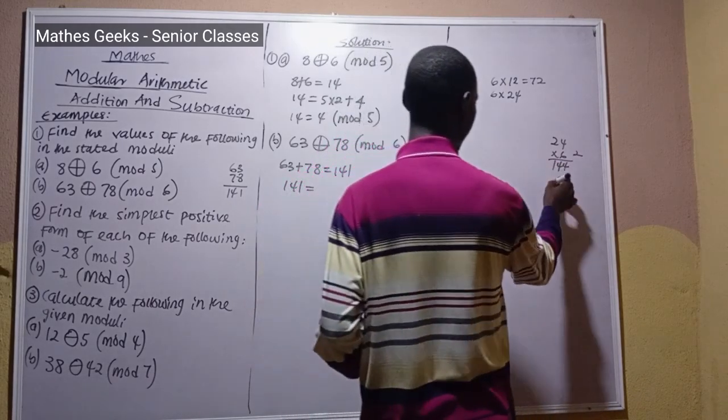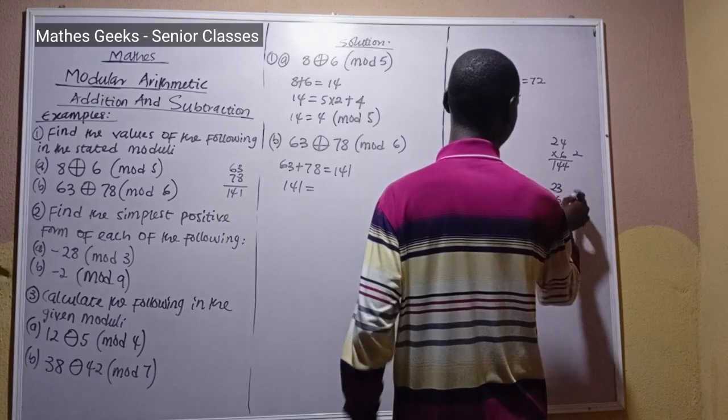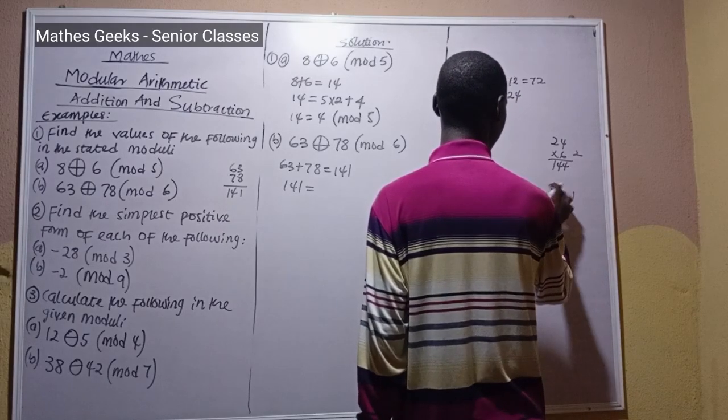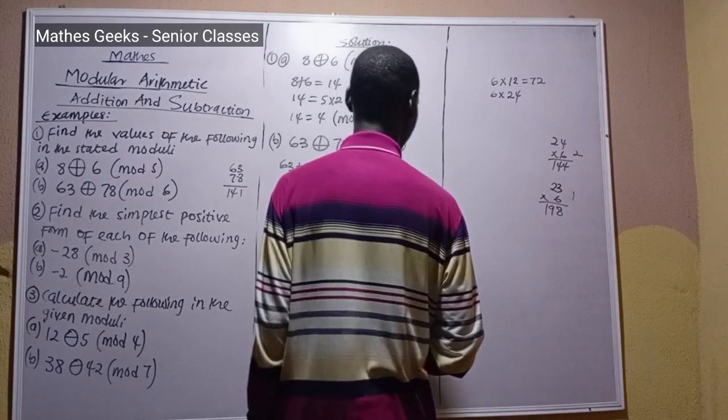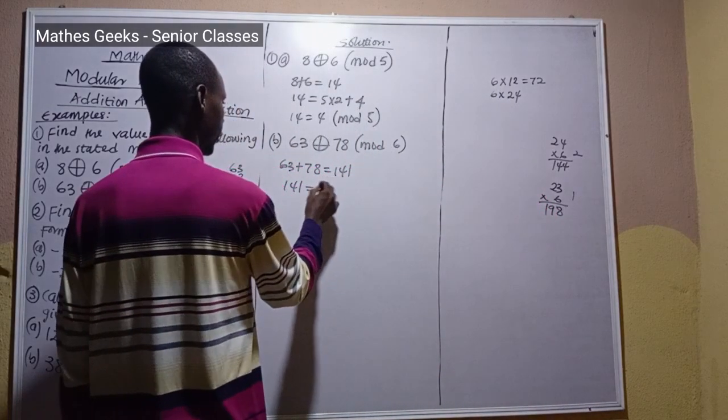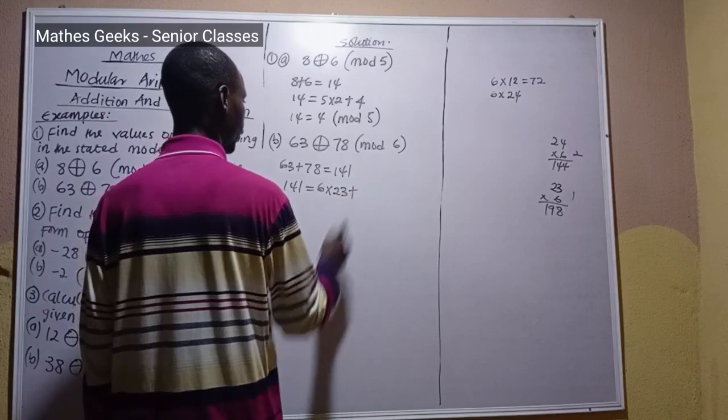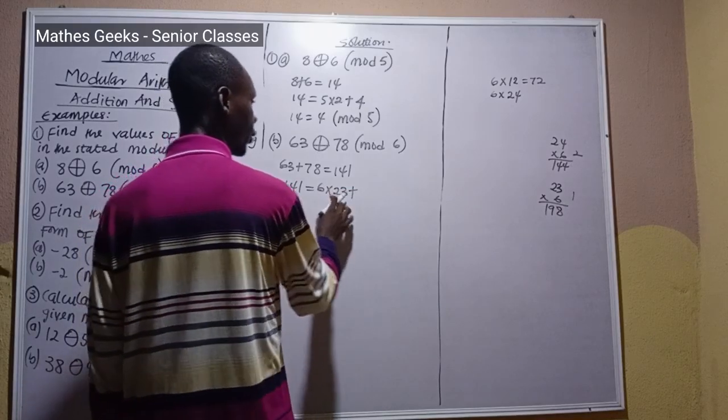So it should be 23 times 6, which is 138.